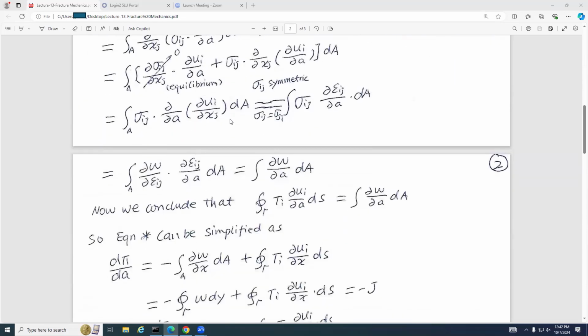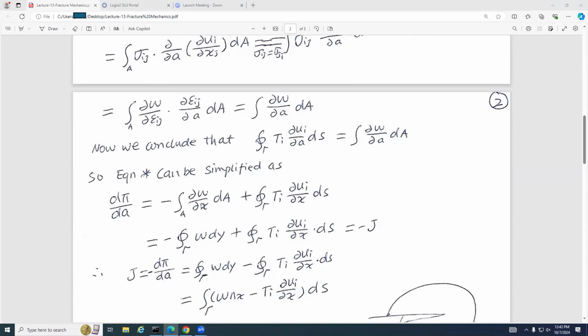So this guy can be simplified as dui dx and d omega dx.